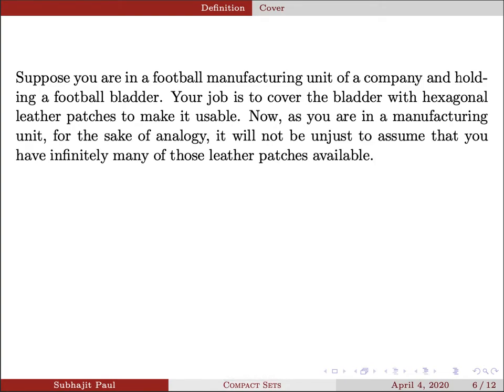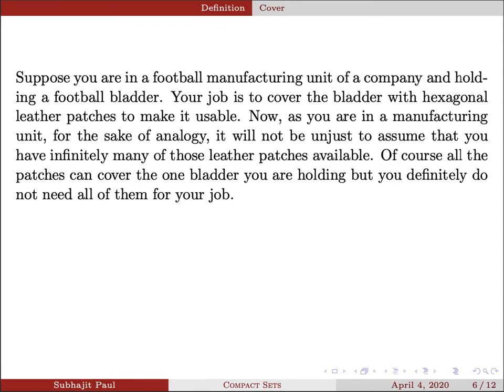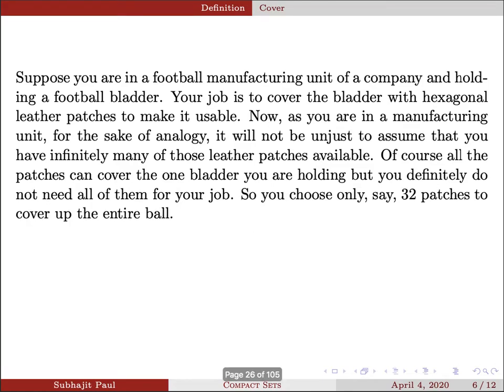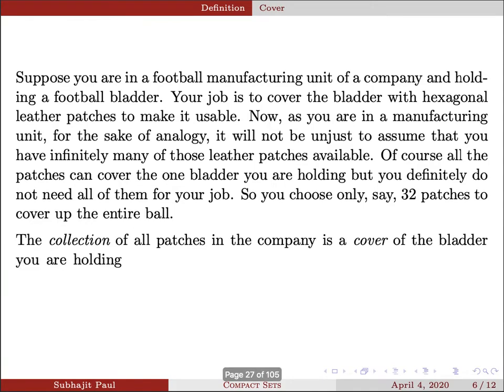Now, as you are in a manufacturing unit, for the sake of analogy, it will not be unjustified to assume that you have infinitely many of those leather patches available. Of course, all the patches can cover the one bladder you are holding, but you definitely do not need all of them for your job, isn't it? So you choose only say 32 patches to cover up the entire ball.